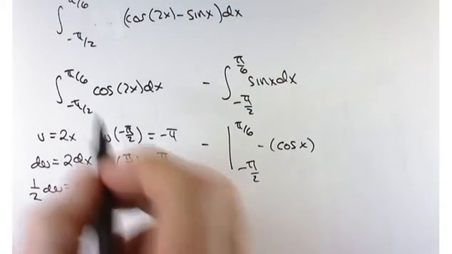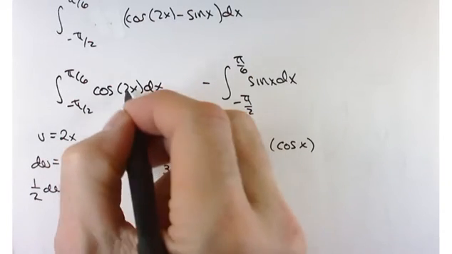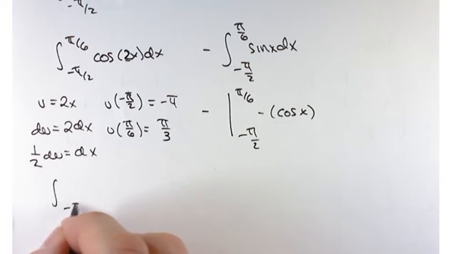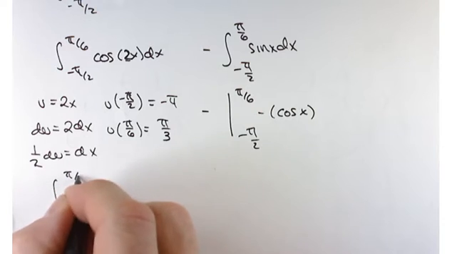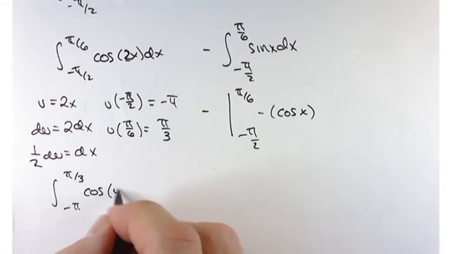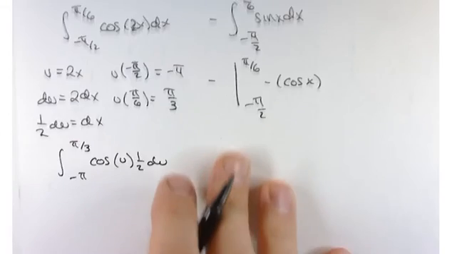So the reason I split it up is because that second one I've got to figure out using a U-substitution. My new integral is the integral from negative pi to pi over 3 of the cosine of u times 1/2 du.